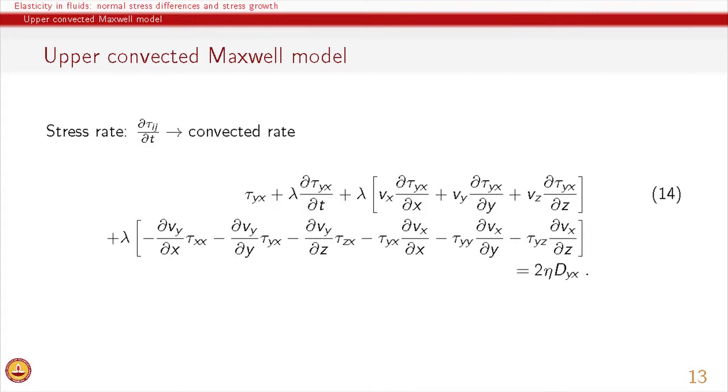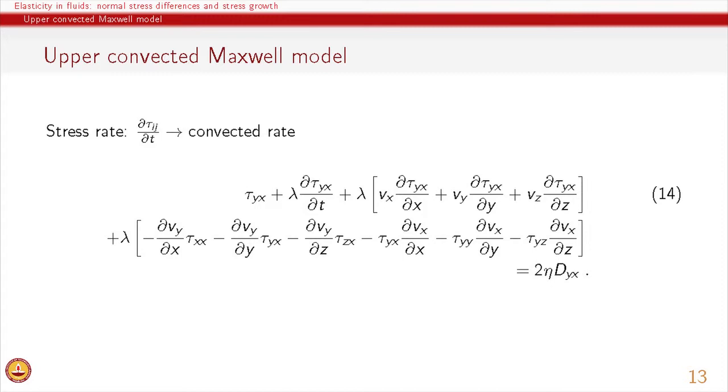However, that is not a complete measure of stress rate which is frame invariant and which can be used for arbitrarily large deformation. There is an additional term where the velocity gradient is getting multiplied with the stress components. So, this is one term where the velocity gradient is multiplying with some components of stress, and in the other case some components of stress are being multiplied with the velocity gradient.